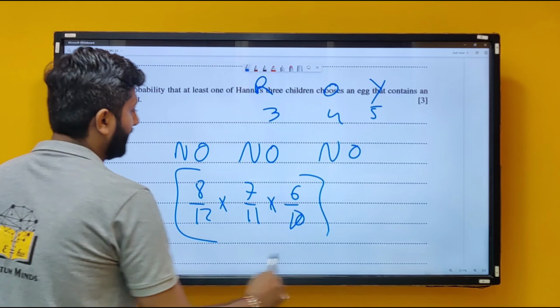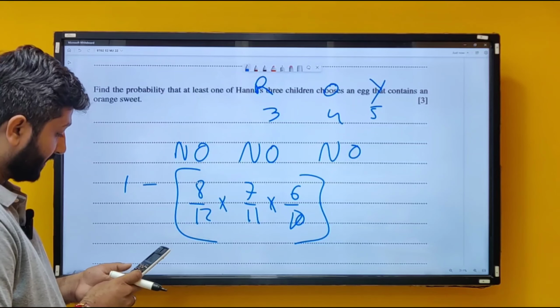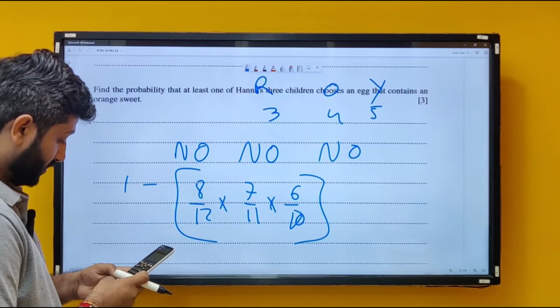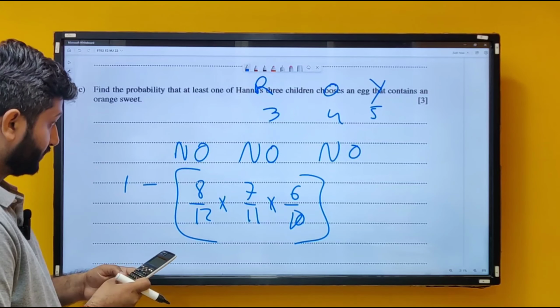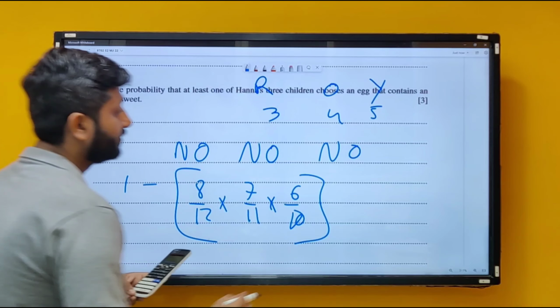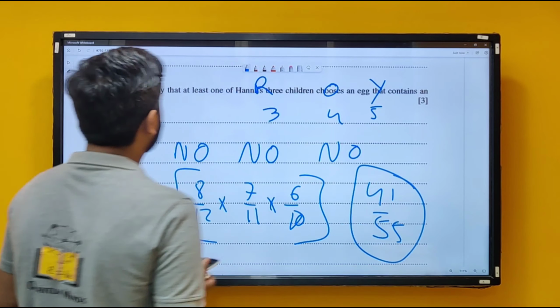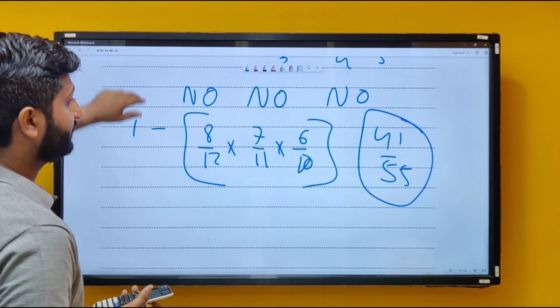And I'll have to subtract this from 1. So let me do the calculation. 8 by 12 into 7 by 11 into 6 by 10. And 1 minus answer is 41 by 55. So the final answer is 41 by 55.